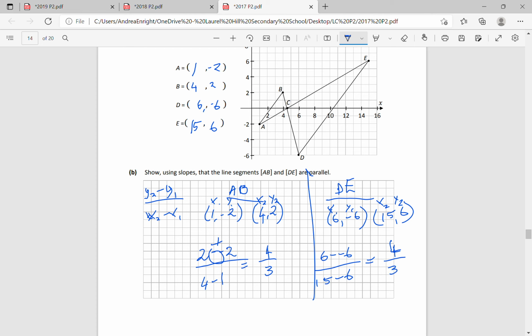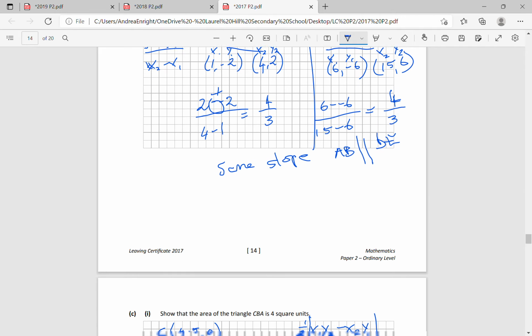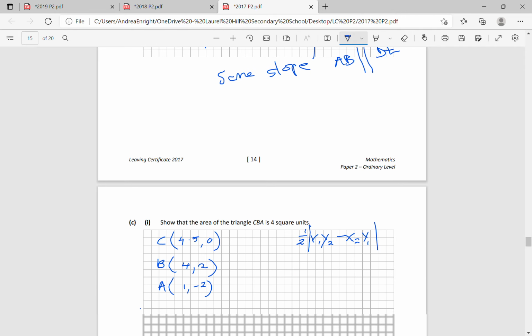And then you say same slope means they're parallel. So that means AB, two straight lines, is shortcut for writing parallel to DE. So AB is parallel to DE. That's that bit.